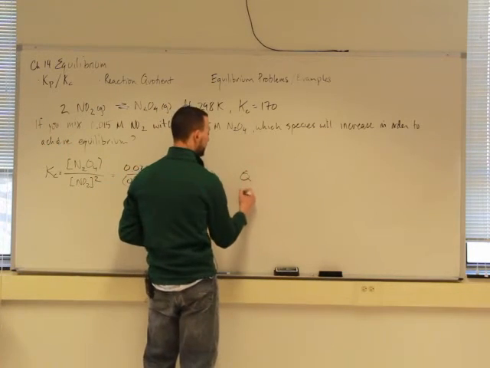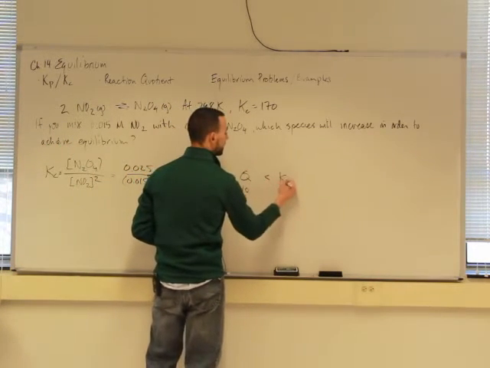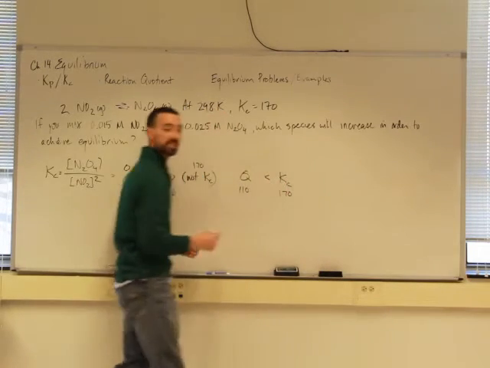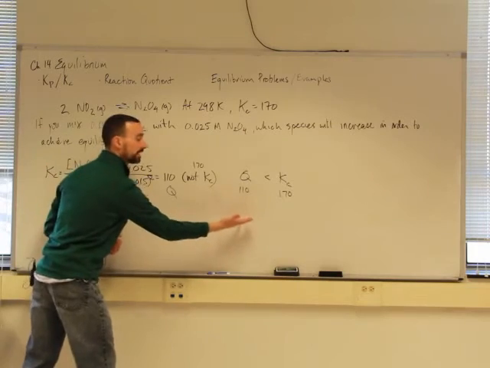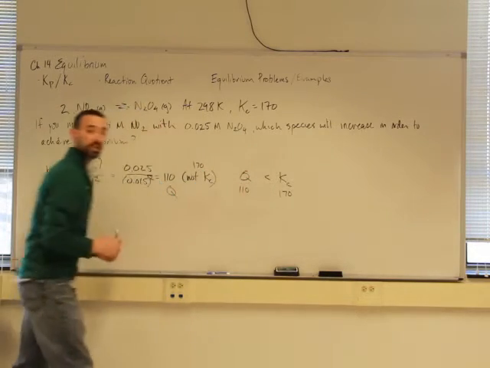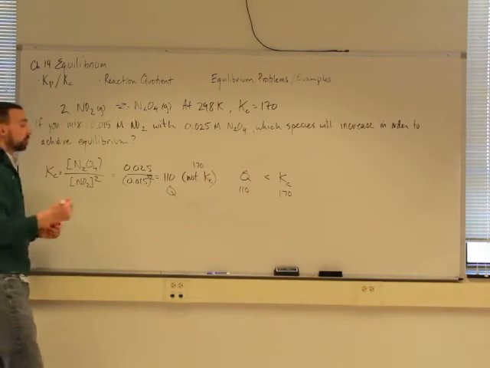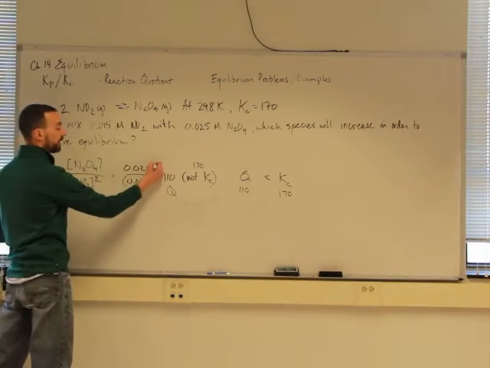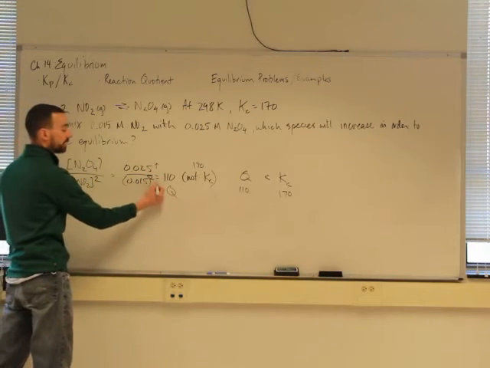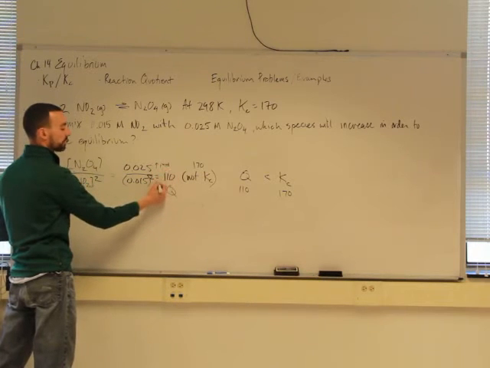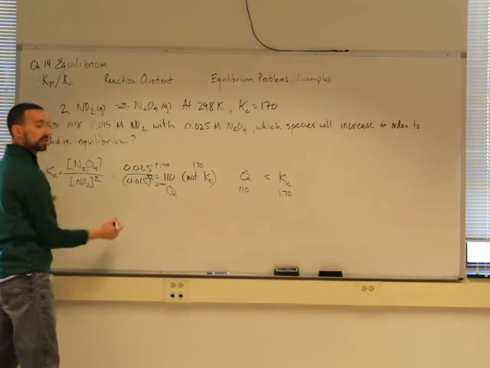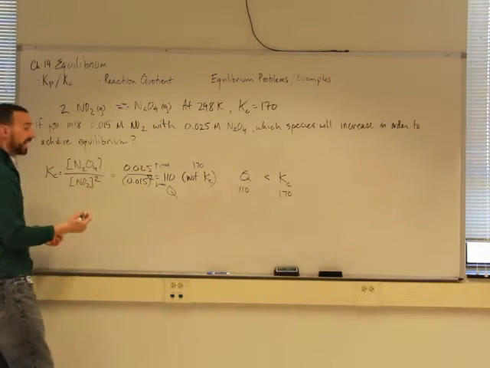Q, 110, is less than the equilibrium constant, 170. I need this number, this 110, to grow until it equals 170. The way that's going to happen is to what? Increase my numerator, decrease my denominator. My numerator is my products. My denominator is my reactants. So how is that going to happen?